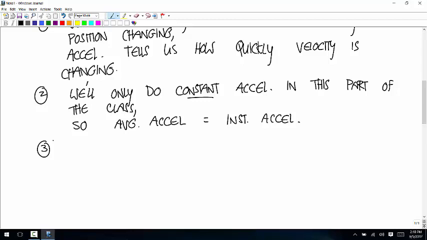In everyday speech, we talk about acceleration if something's speeding up and deceleration if something is slowing down. And so I think that's why it's natural for people to think, well, a positive acceleration is something that's speeding up, and a negative acceleration is something that's slowing down. But that's not how it works, okay?